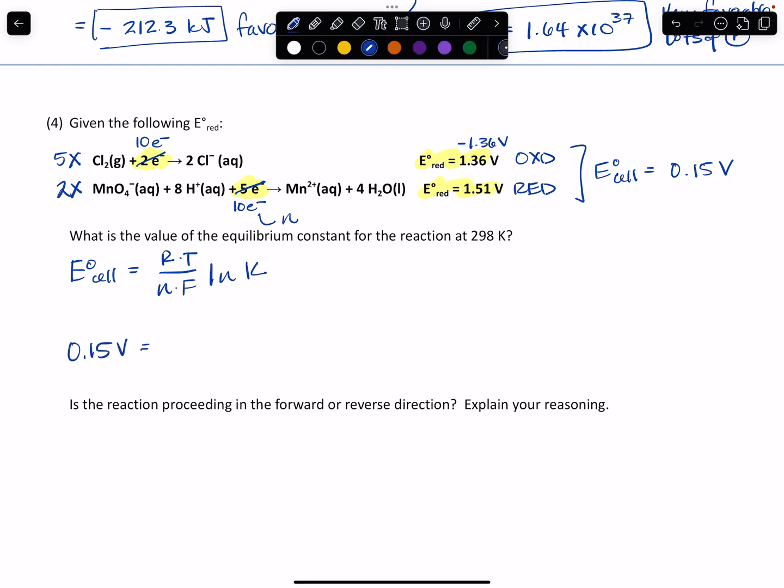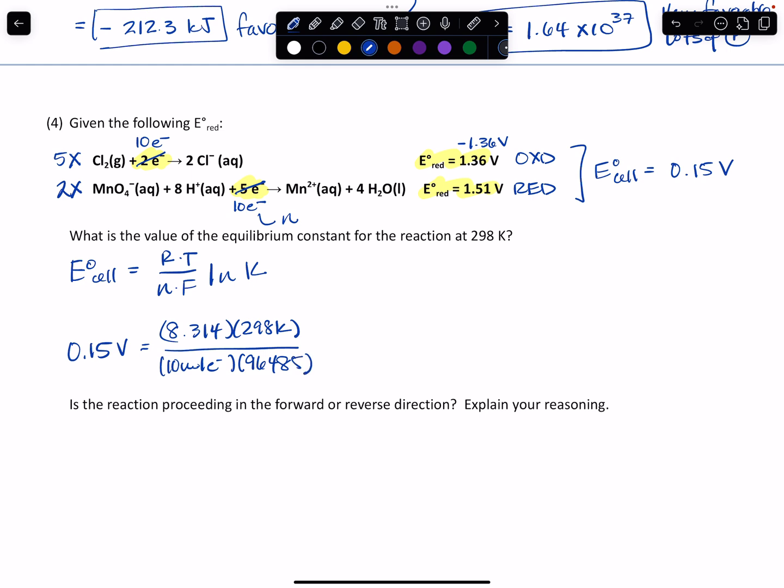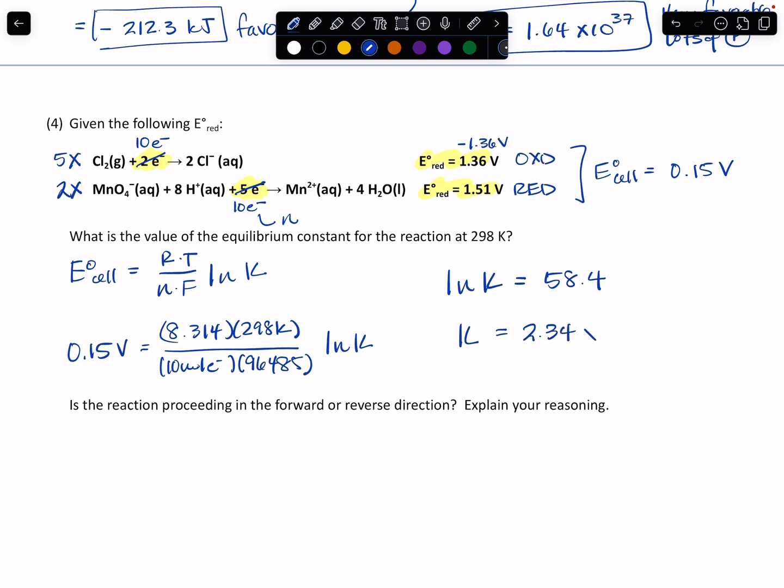So 0.15 volts is going to be equal to 8.314 times 298 Kelvin divided by 10 moles of electrons times Faraday's constant, 96485, and then that'll be times the natural log of K. So I do the math, I move things around, and I find that the natural log of K is equal to 58.4. And when I take the inverse log of that, I get 2.34 times 10 to the 25th for that K value.